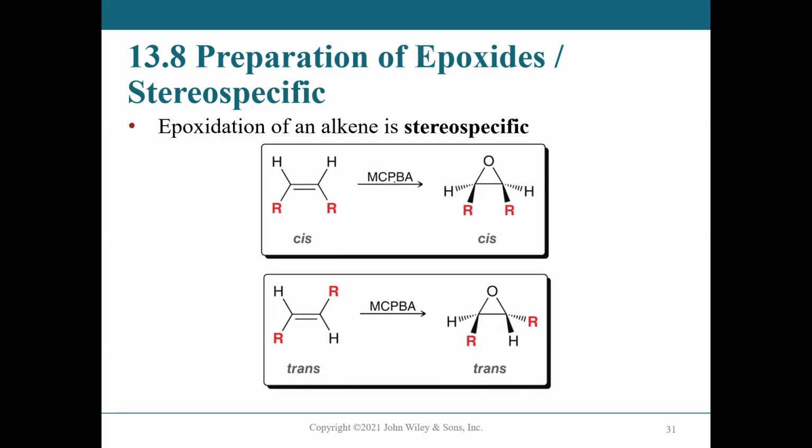Are you still using MCPBA? Cis. Okay, so it keeps the structure. So when you're using MCPBA, it keeps the structure. Cis will stay cis and trans will stay trans. I should say it keeps the integrity.